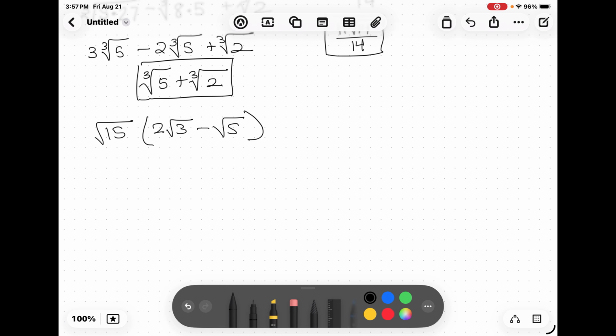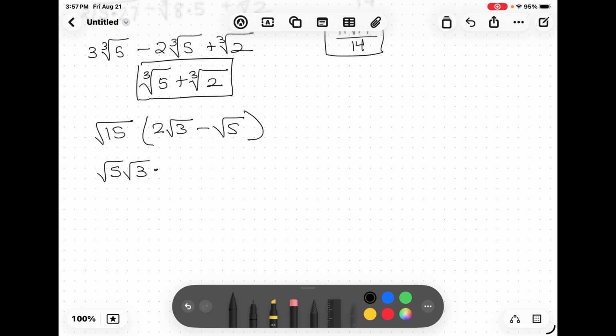Look what I'm going to do here. I'm going to distribute the square root of 15, but look at how I'm going to do it. And yes, look at this. I've got rad 5, rad 3. That's equivalent to the square root of 15.